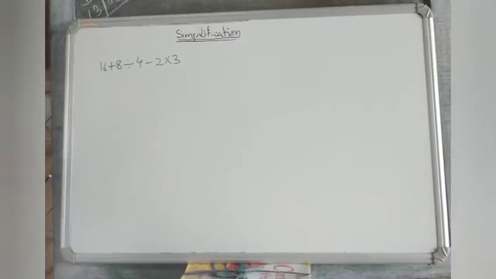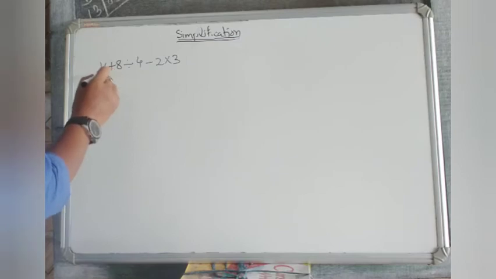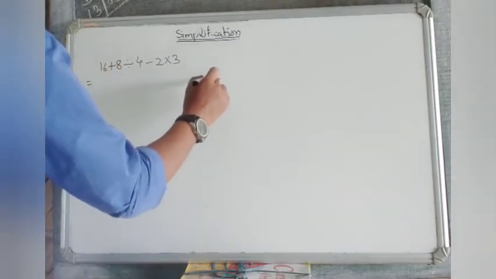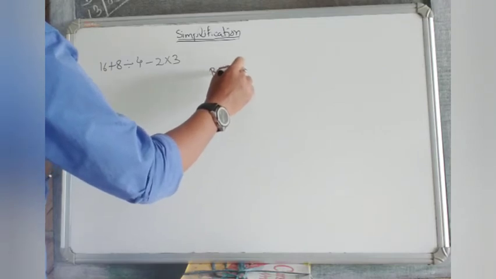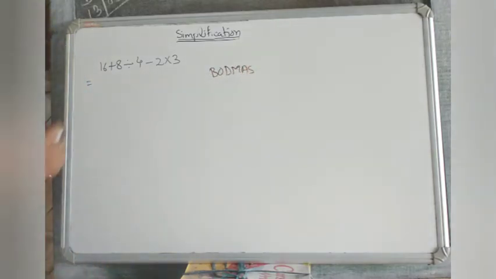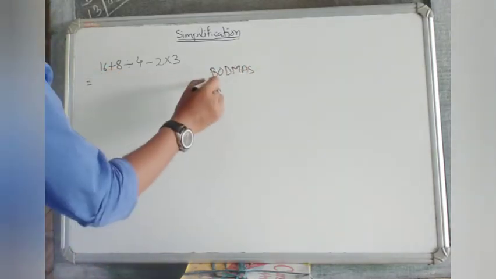Now another question we will take. So this is our question which we were doing. According to the rule BODMAS, first we have to see bracket.